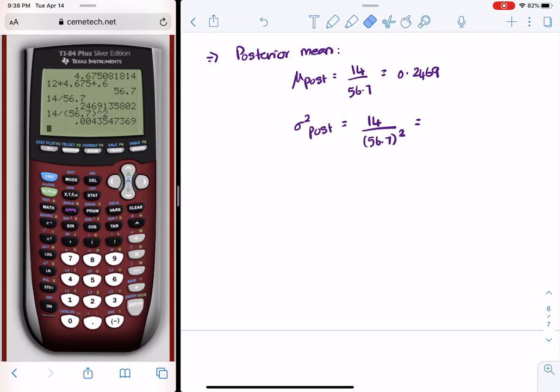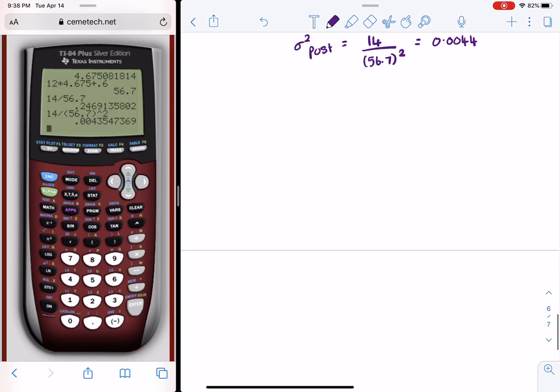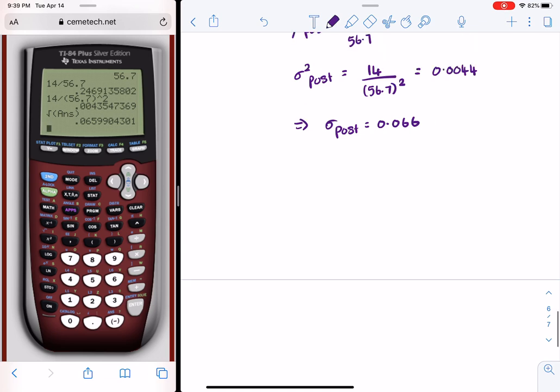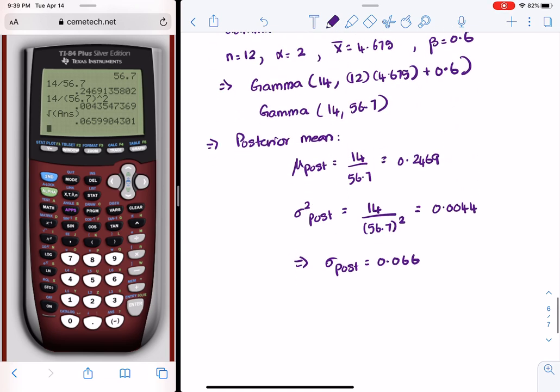We have 0.0044. If the variance is 0.0044, it would imply that the standard deviation is the square root of that. And we get 0.066. So we have the posterior distribution.